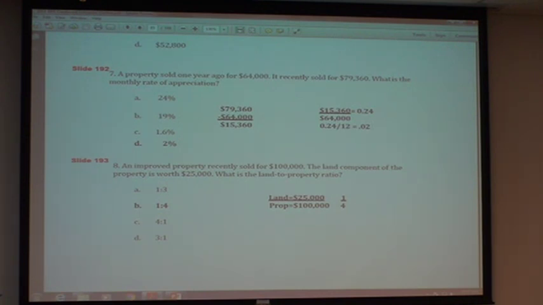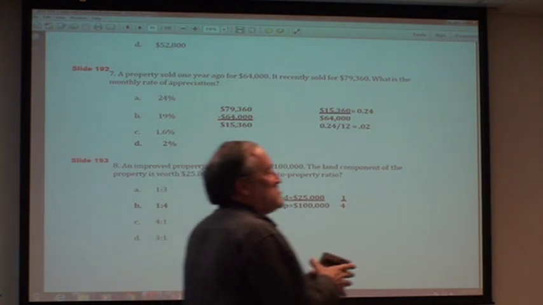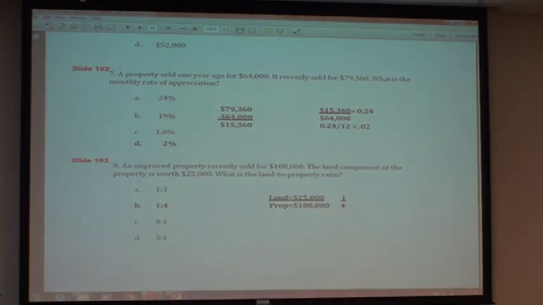So the land's worth 28,571, and the improvement's worth 2.5 times that, right? Improvement's worth 71,428. 28,571 plus 71,428 is $100,000.